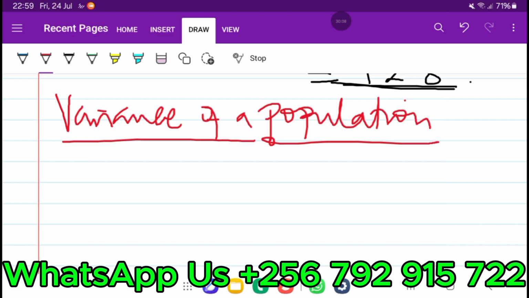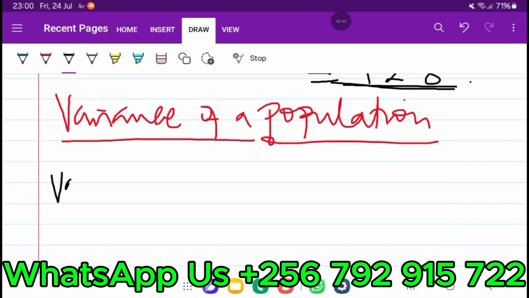And I want you to get it clearly. If we are looking at variance of the population, of course, the formula is going to be the same as that of the mean deviation, but what is going to change is that these observations are going to be squared.